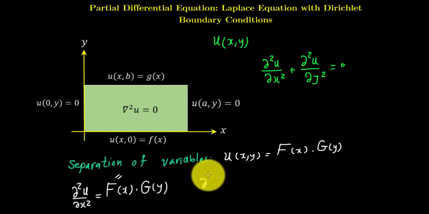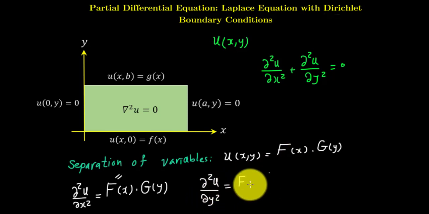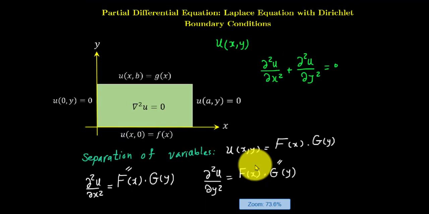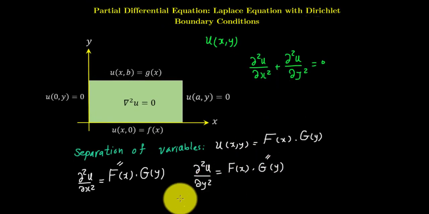And then similarly, second derivative of u with respect to y is equal to, in this case, f of x is a coefficient times the second derivative of g with respect to y, or g double prime of y. Now we can plug these back into the original PDE. That will give f double prime times g plus f times g double prime equal to 0.